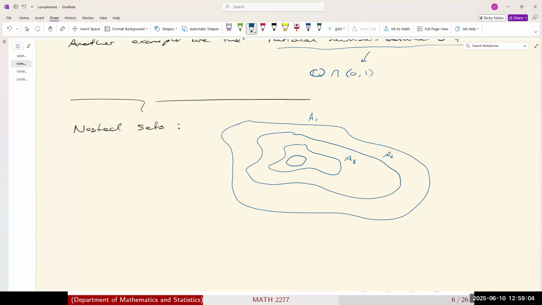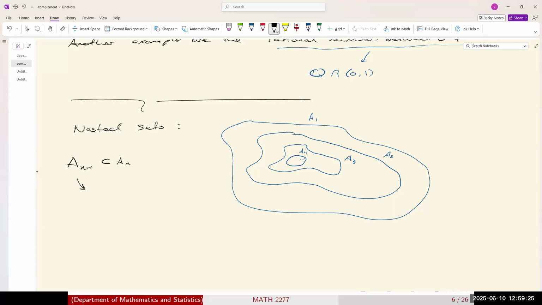And this guy here is A4, right? And you keep going. So nested sets means the n plus 1 set is contained in the nth set, right?